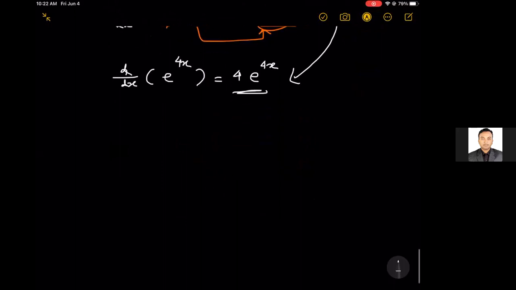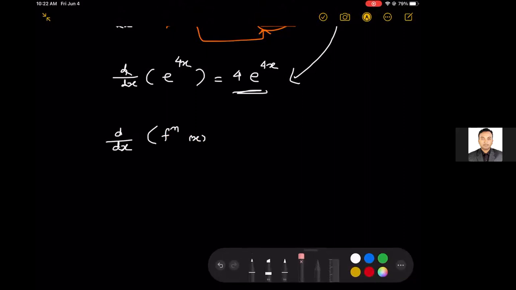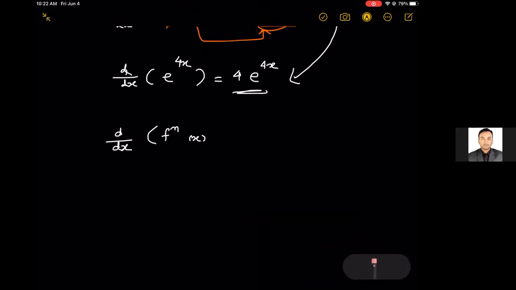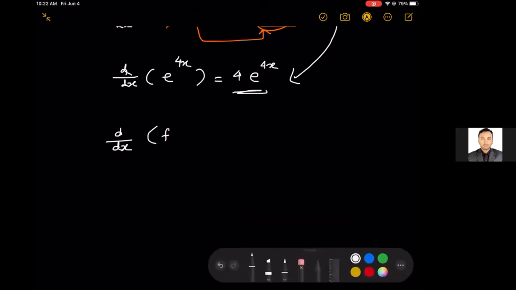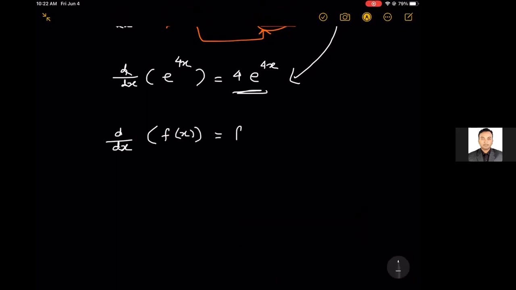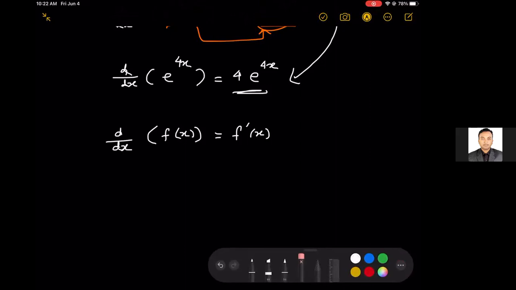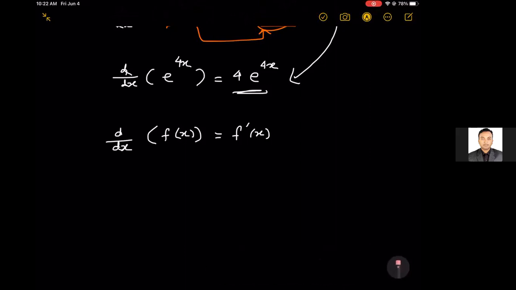That means if we have a function, we know that its derivative can be written as f prime, or in some cases, to make it more understandable, someone writes it as f1(x).